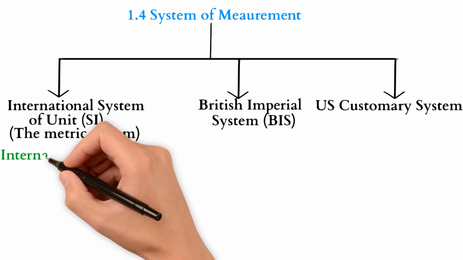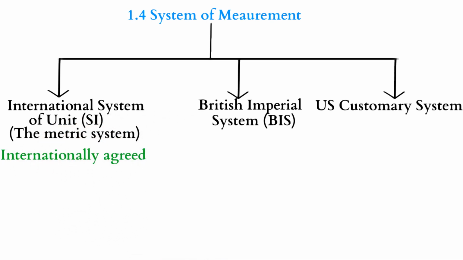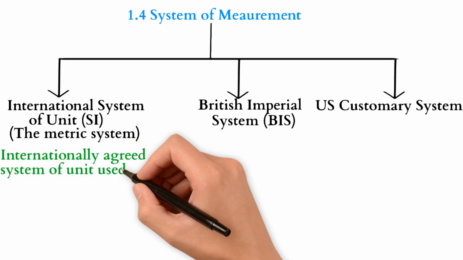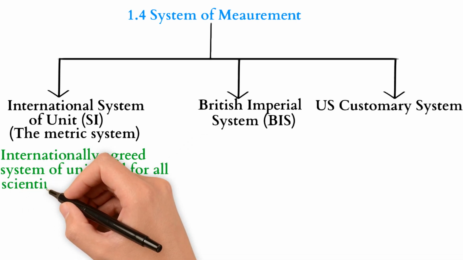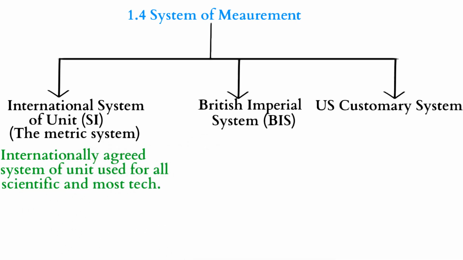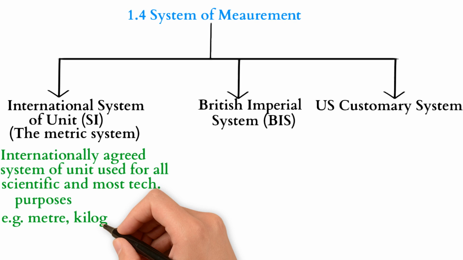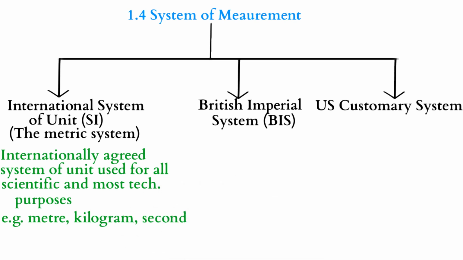The International System of Units, or the SI, is the internationally agreed system of coherent units used for all scientific and most technological purposes in many countries. When you hear of units like meter, kilogram, seconds, they were units that were defined under this system.